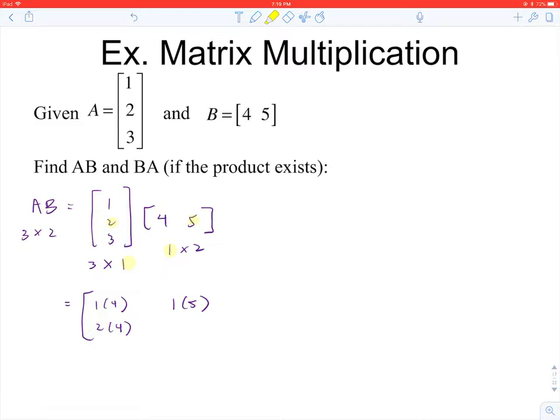Row 2 by column 1, and then row 2 by column 2. My bracket's not big enough. And row 3, column 1. And row 3, column 2.